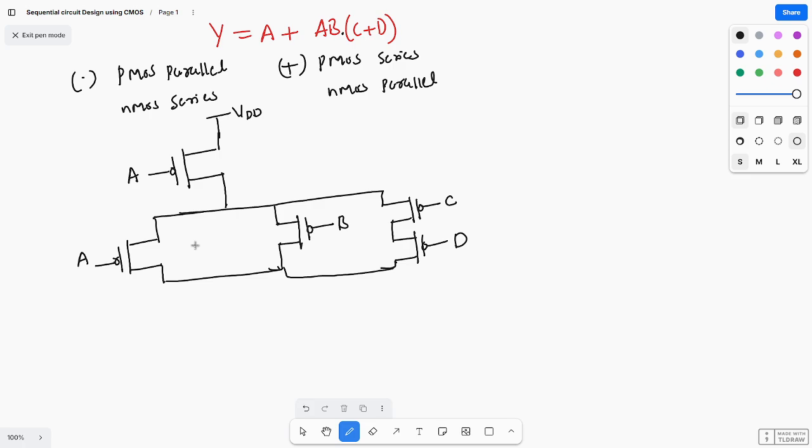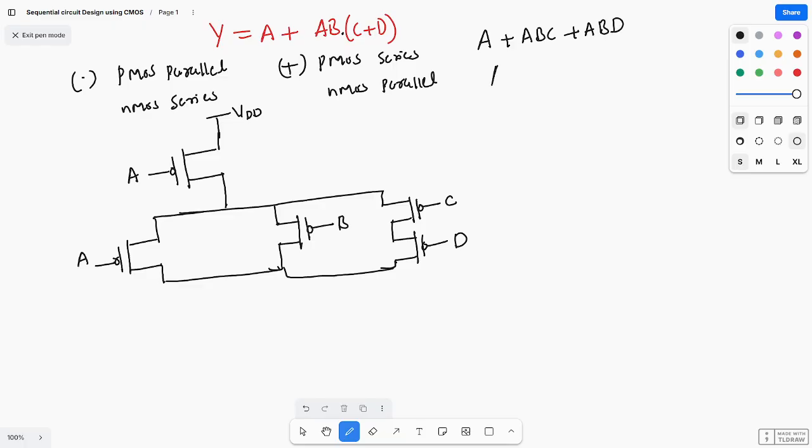Sir, we can do this, but my doubt is, is there any possibility of minimization of this equation? Minimization means, here you are getting A plus ABC plus ABD.